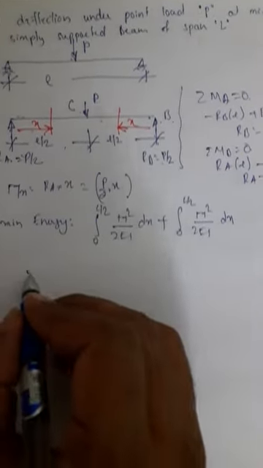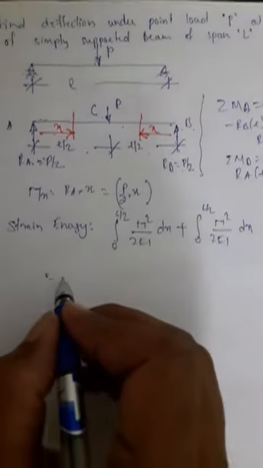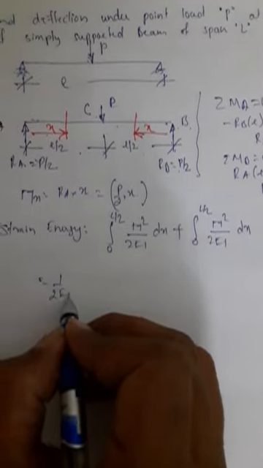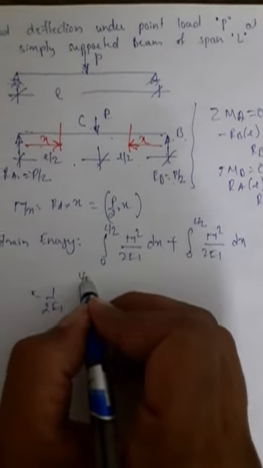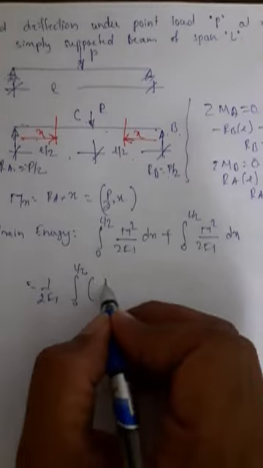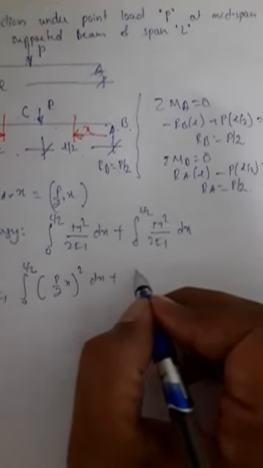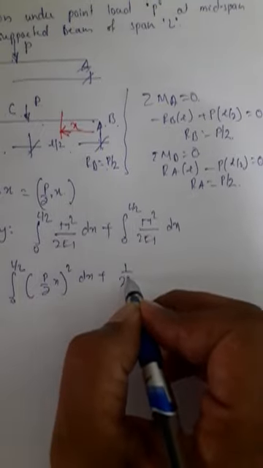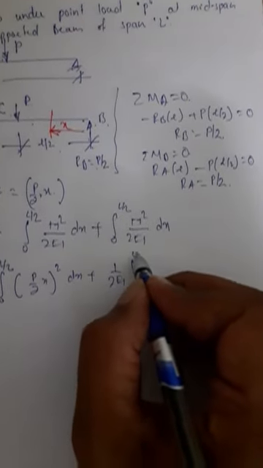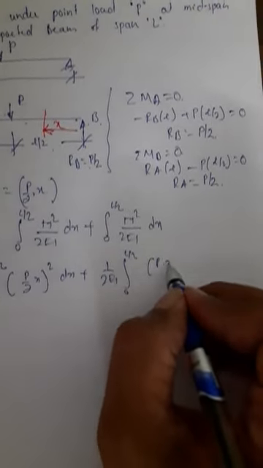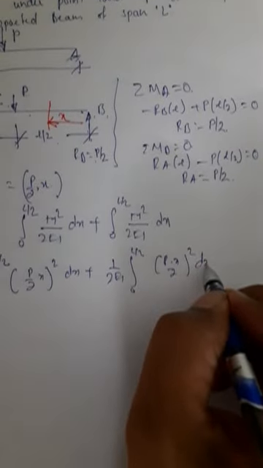Now substitute the values. Here 2 EI is constant. Take it outside. 1 upon 2 EI, 0 to L by 2, m is P by 2 x, bracket square dx, plus 1 upon 2 EI, 0 to L by 2, P into x by 2, bracket square dx.